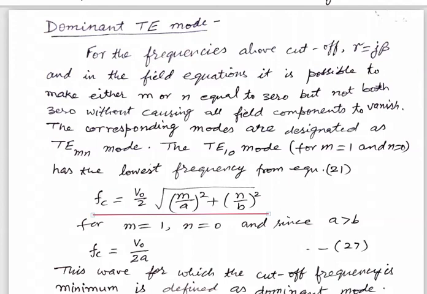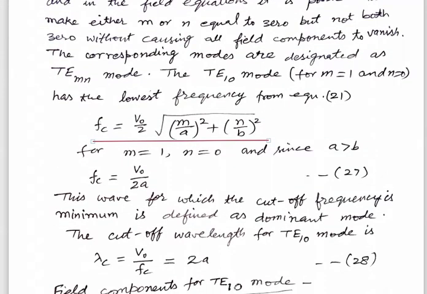When we take m equal to 1 and n equal to 0 in this cutoff frequency equation, this gives us the cutoff frequency v0 upon 2a. This frequency shown in equation number 27 is the minimum cutoff frequency among all possible modes in TE and TM waves, since a is greater than b here.